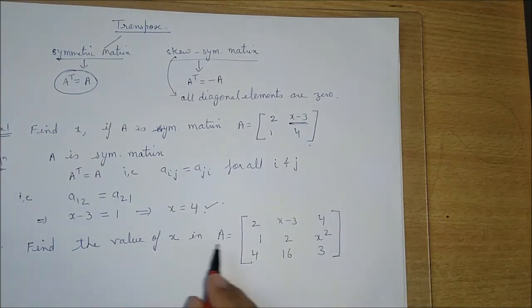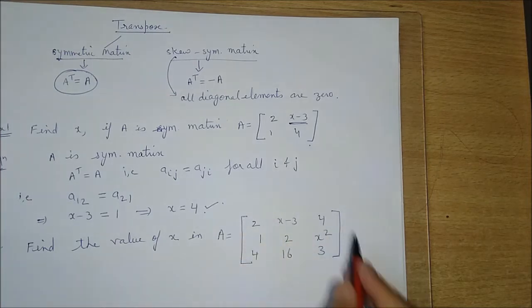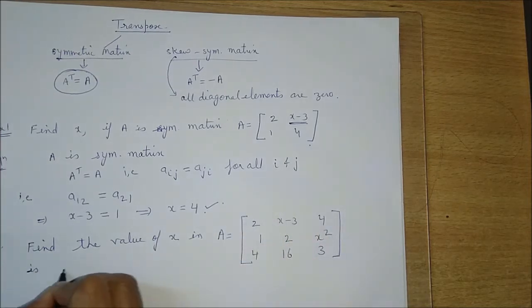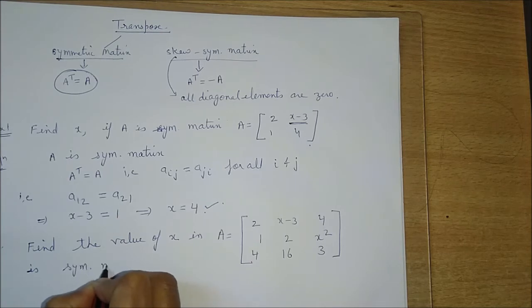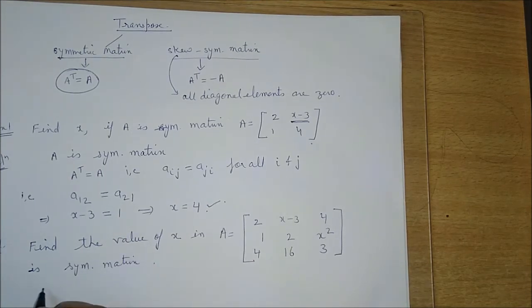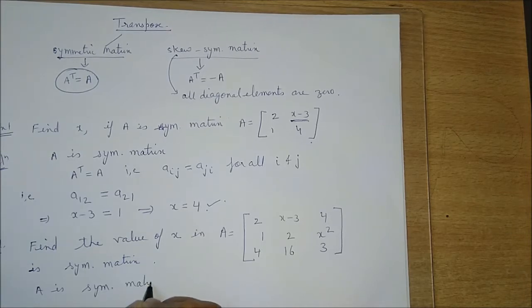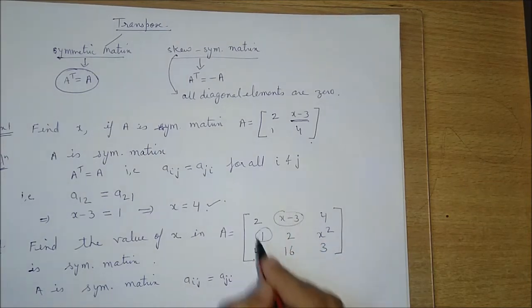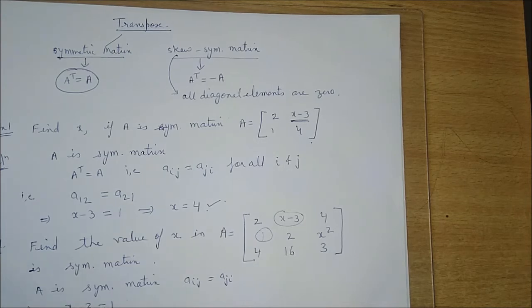Find the value of x in A such that this matrix A is symmetric matrix. Now since A is symmetric matrix, Aij should be equal to Aji. That means x minus 3 should be equal to 1. A12 equal to A21. We get the value of x as 4.